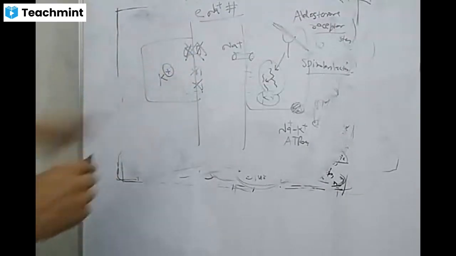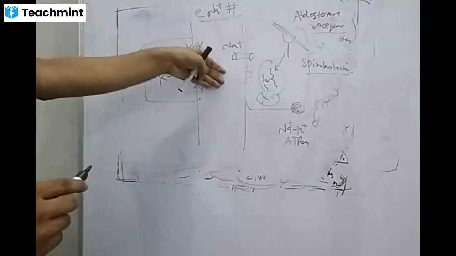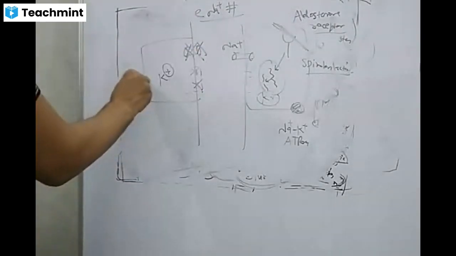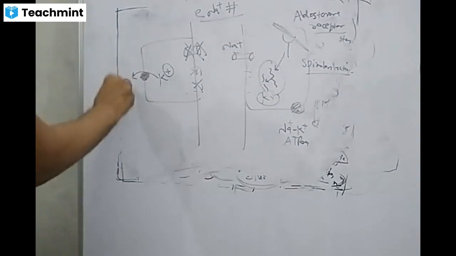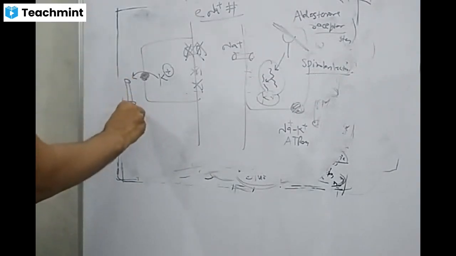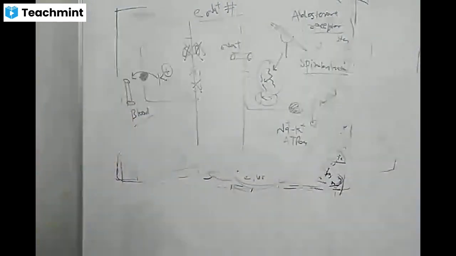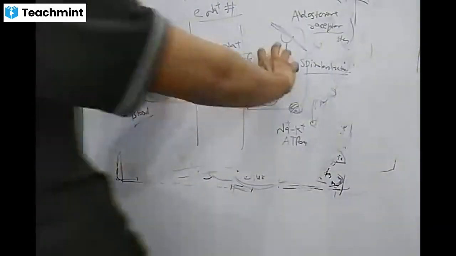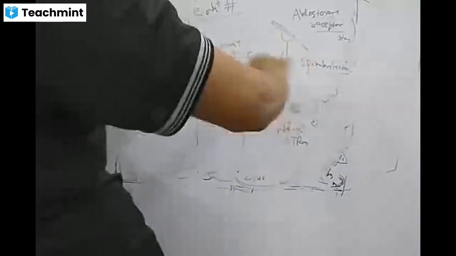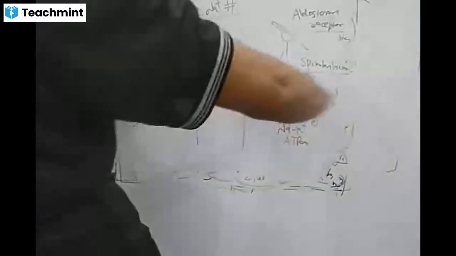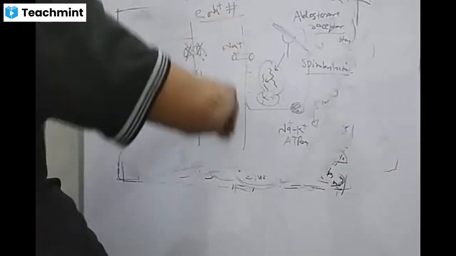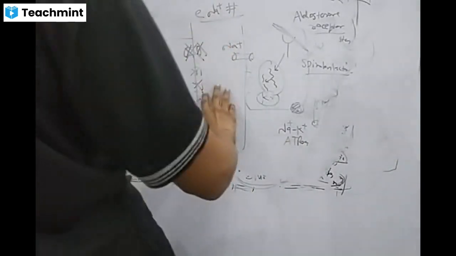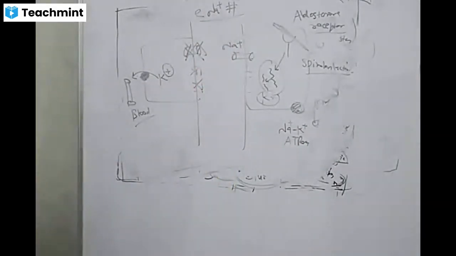Then potassium will not come out into the lumen or urine, but into the blood. This is how in both mechanisms the intracellular potassium is moved into the blood, so potassium is not lost in the urine, so we call this potassium sparing diuretic.